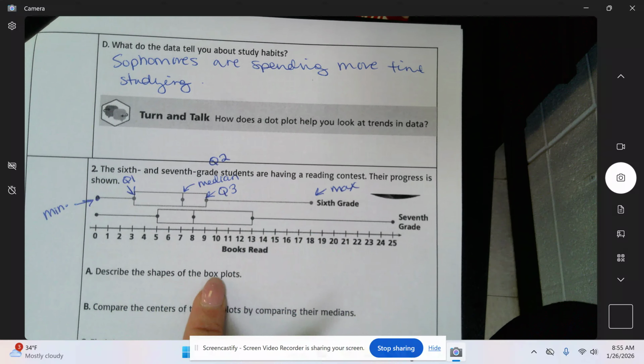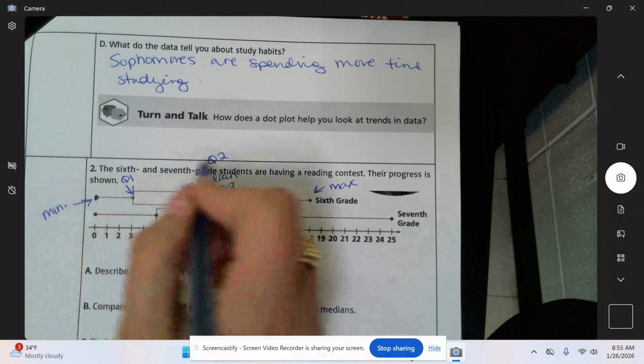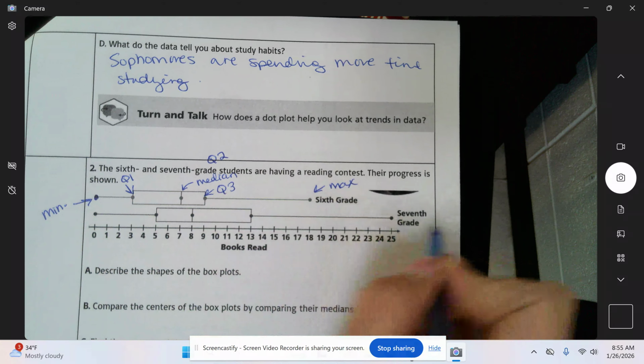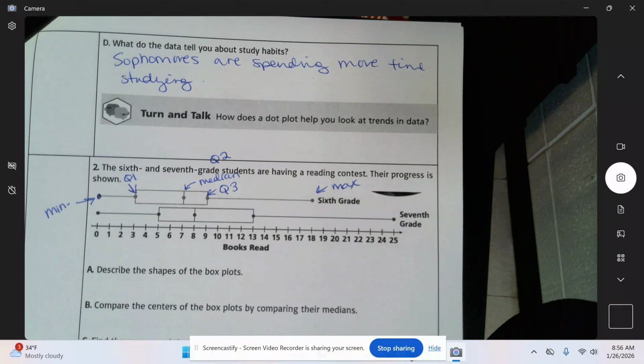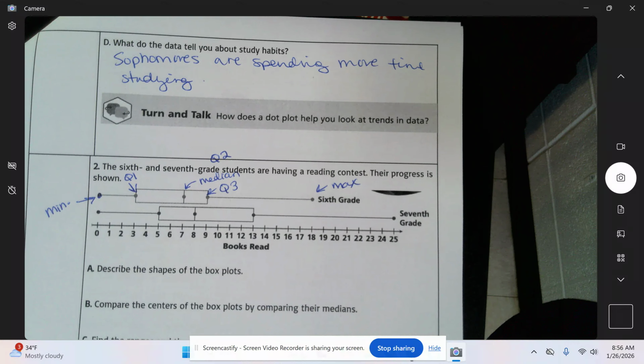All right, it says describe the shapes of the box plots. What do you notice about their shape? Do they have a tail, or are they symmetrical? They have a long tail. Which side is the long tail on?